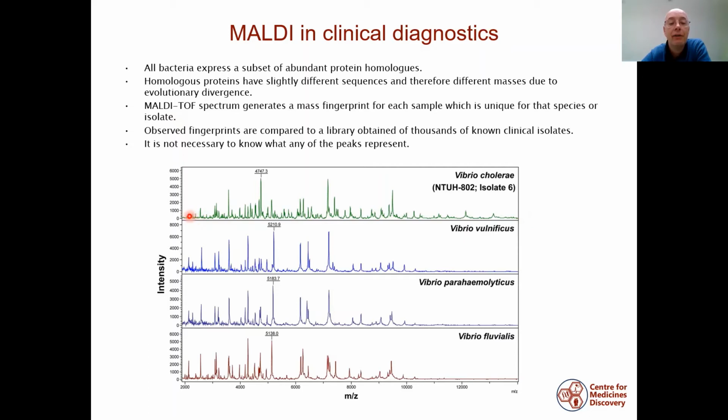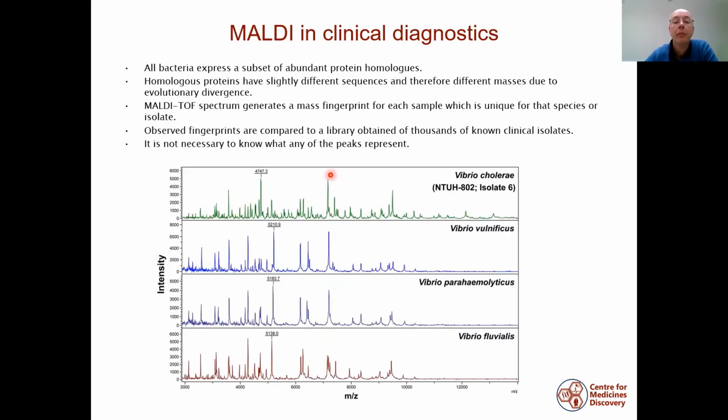This is the fingerprint, and you can see some of the masses are similar, like these ones, and some of them are different. It's not necessary to know what any of these peaks actually represent. It doesn't matter. It's just a fingerprint, and that fingerprint is hopefully unique for any particular isolate or any particular bacterial species.